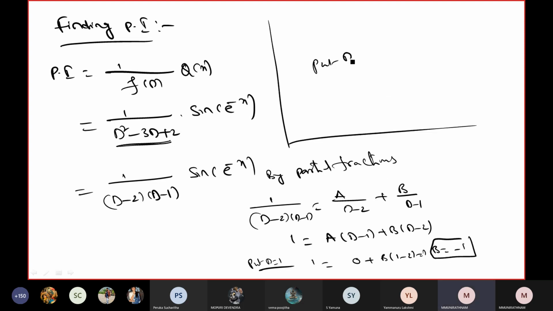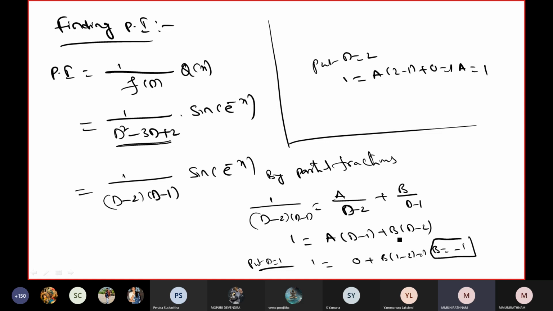Put D = 2: 1 = A(2 − 1) + 0, so A = 1. You know partial fractions, right? We took the LCM, giving A(D − 1) + B(D − 2).